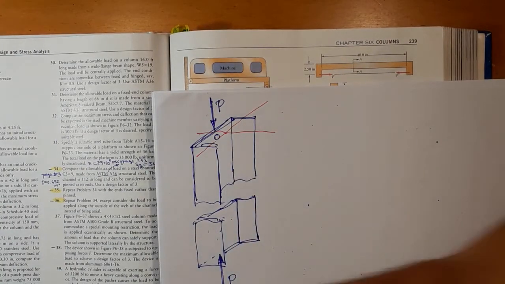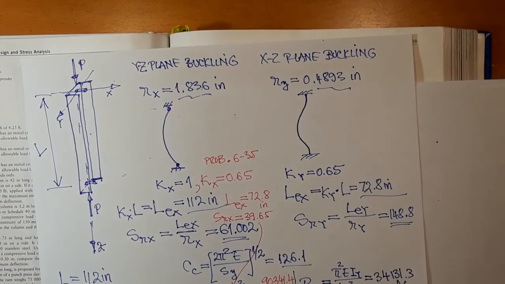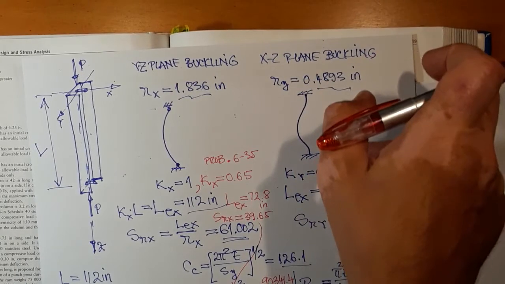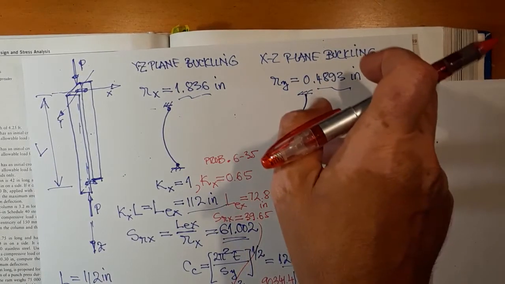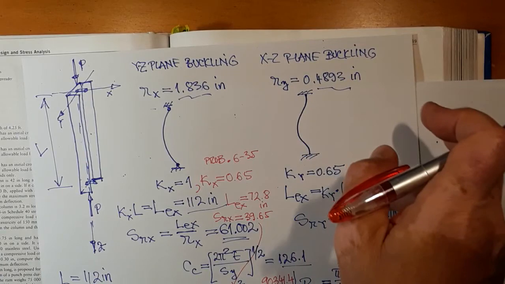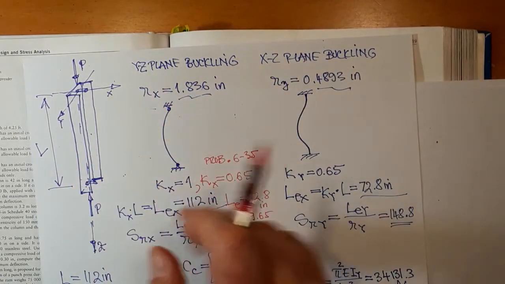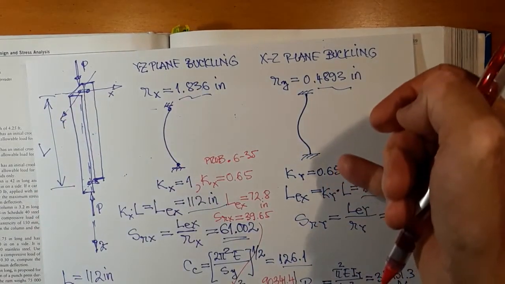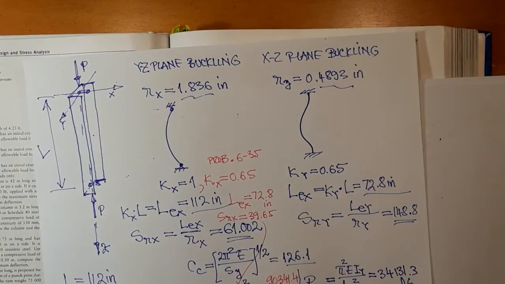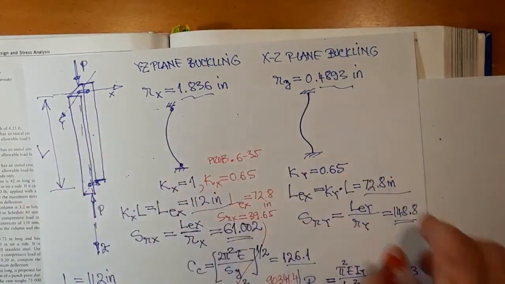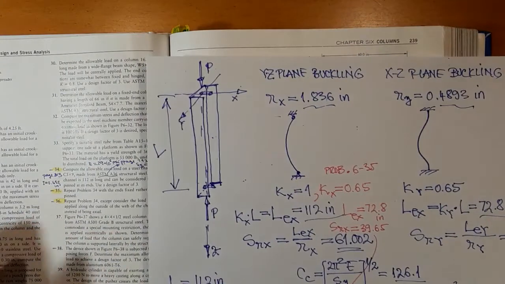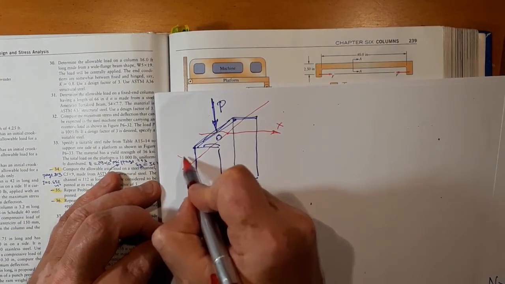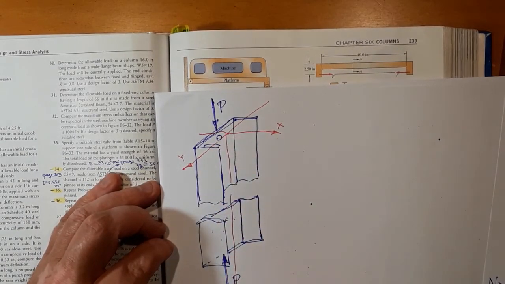So let's first look back. Okay, so I took the case where the hole is the same but the force is now applied to the web. Looking at the two values, it's likely that buckling is going to occur in the xz plane, where y is this and this is the z axis.